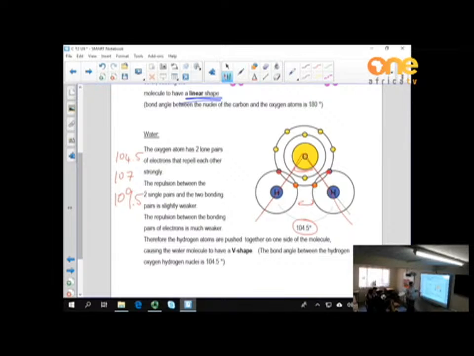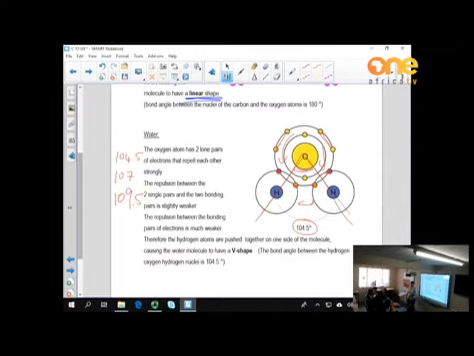Why is the bond angle in water smaller than in methane or ammonia? Because in water, we have got single pair repulsion that pushes the hydrogen atoms down. You follow? All right. Why is the angle in ammonia bigger than the angle in methane?